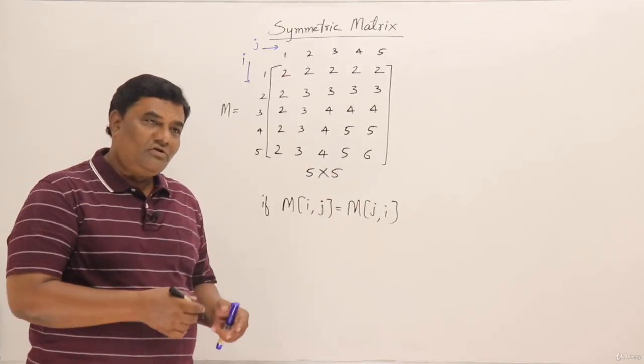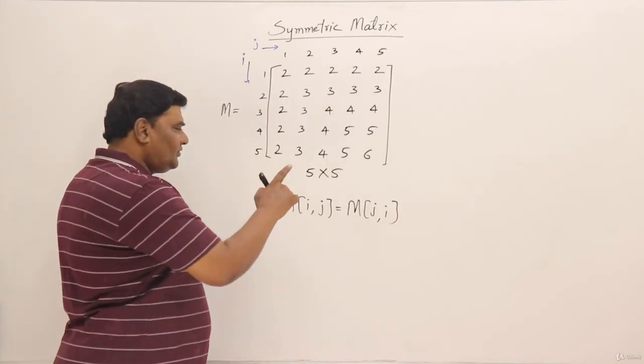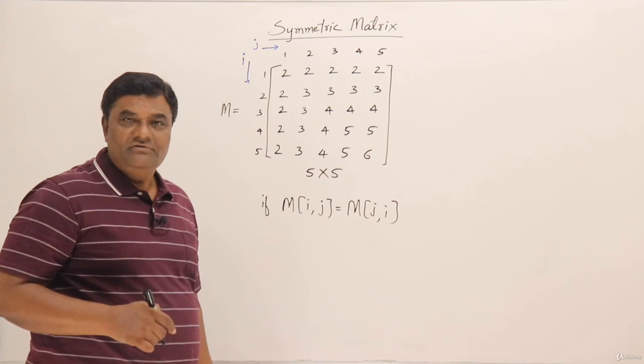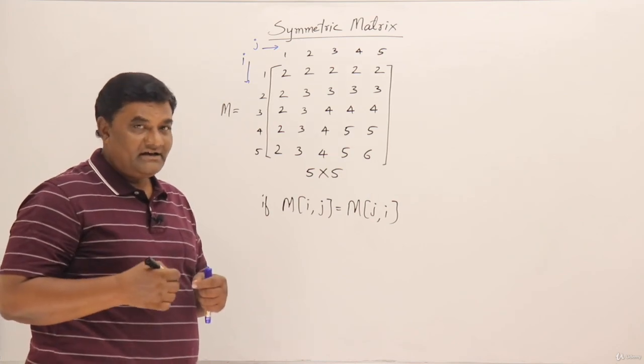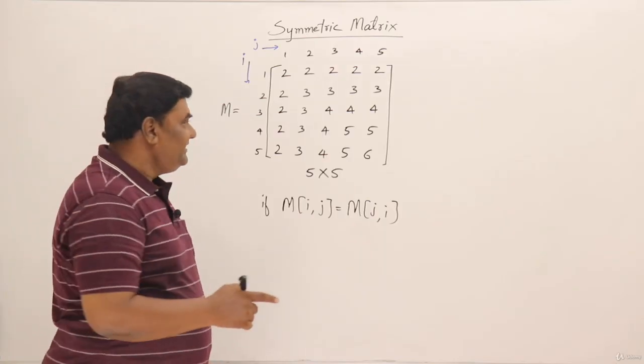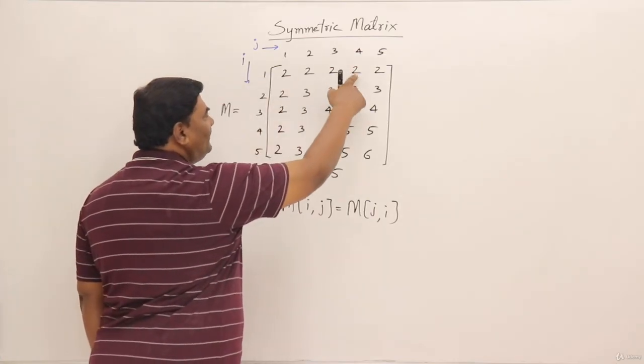Do we have to store all the elements of a symmetric matrix? No. If I store the ij value, then I can retrieve ji also. So if I know any element at i, j, then I also know the element at j, i. So if I know this element at 4, 1, then I also know 1, 4.